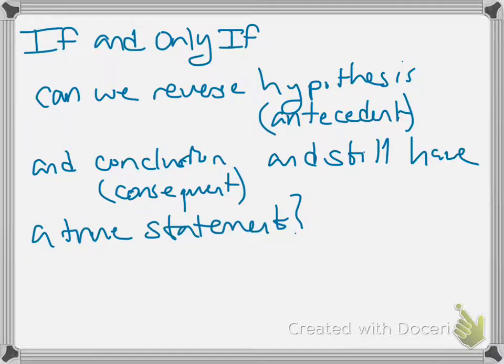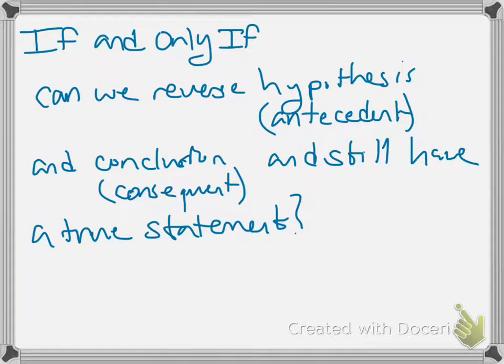So, if we've got an if-then statement that is true, I know we said we're not really talking about true statements here, but for this one we kind of have to. The question is, can we reverse the hypothesis, also known as the antecedent, and the conclusion, also known as the consequent, and still have a true statement?